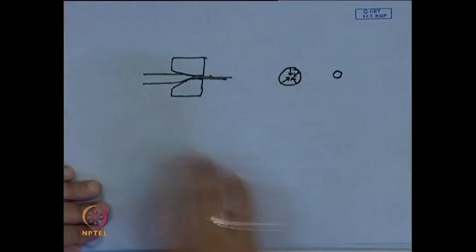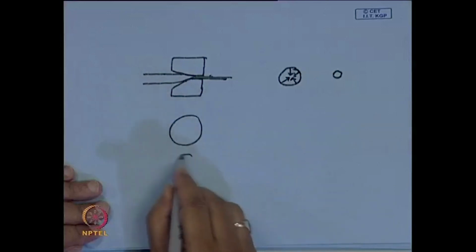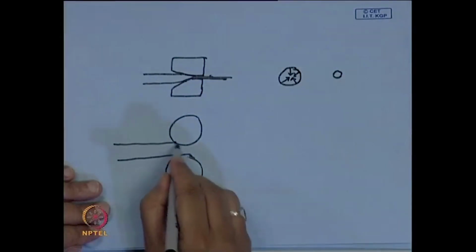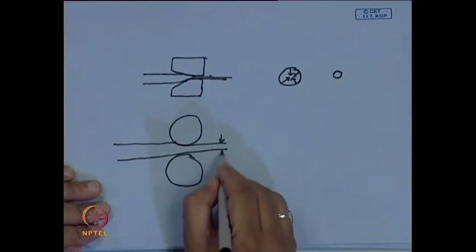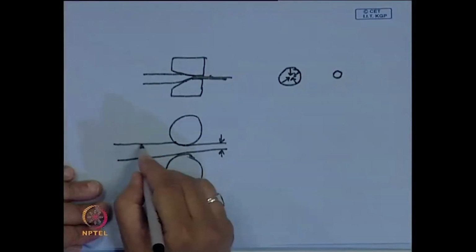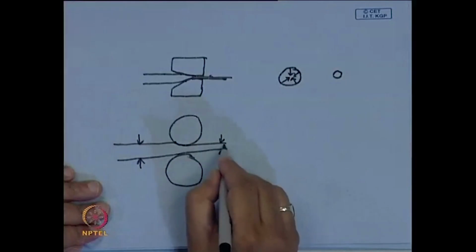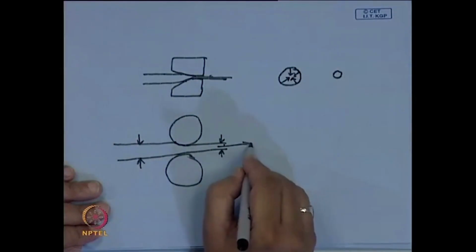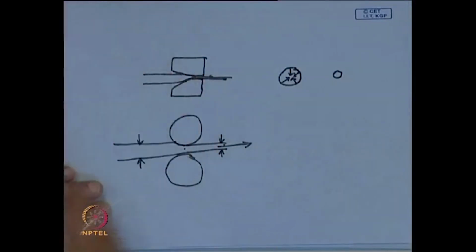Whereas in the case of rolling, if you recollect, you have a slab passing through and you have a reduction in thickness. This is the initial thickness before rolling, and after rolling this is the thickness. So, there is a reduction in one direction and elongation in this direction, and in the other perpendicular direction there is negligible deformation.